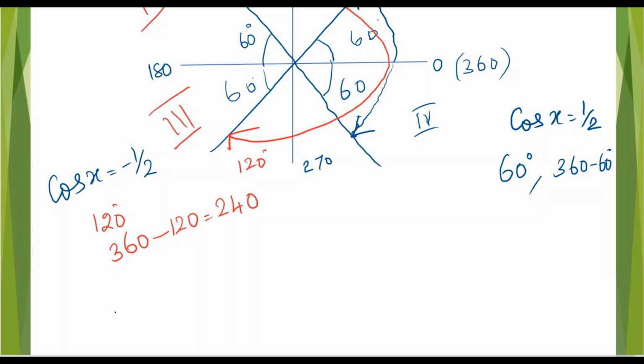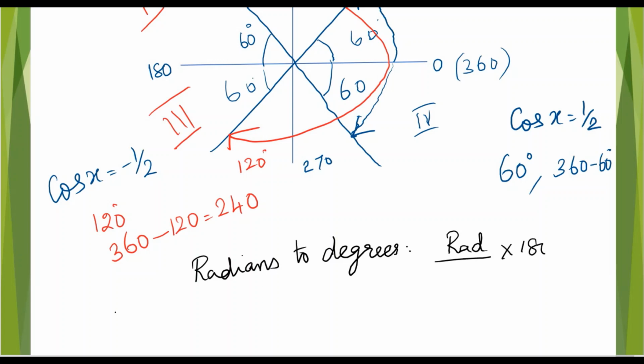So let us know how to convert radians to degrees. Multiply the given radian value by 180 and divide it by pi. So you'll get the answer in degrees.